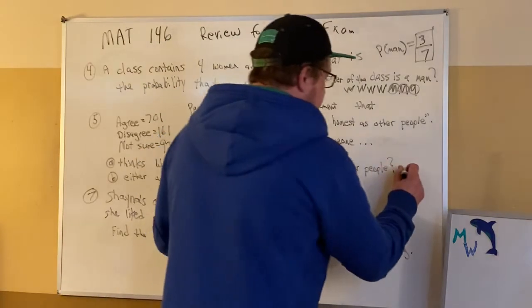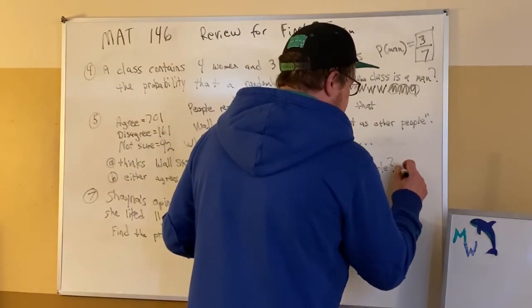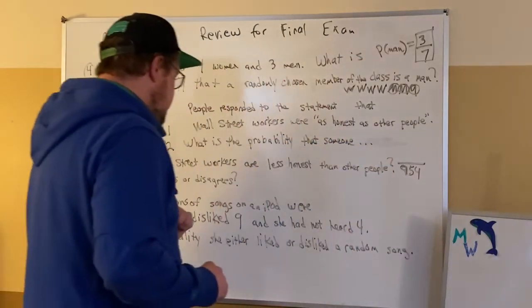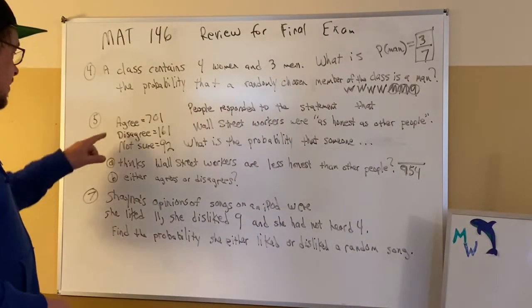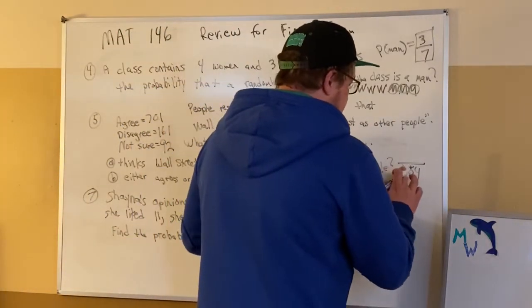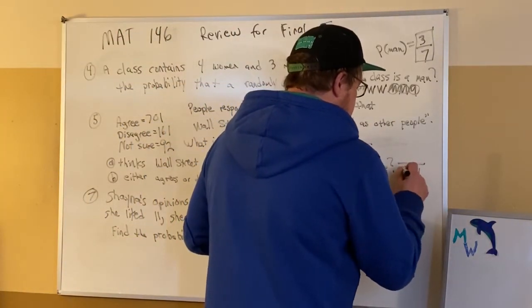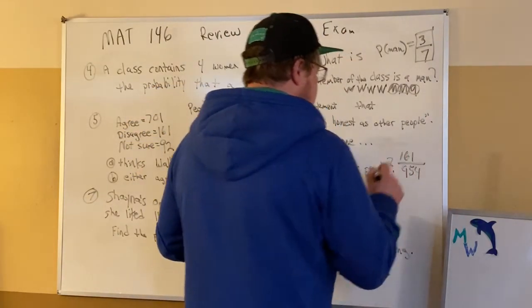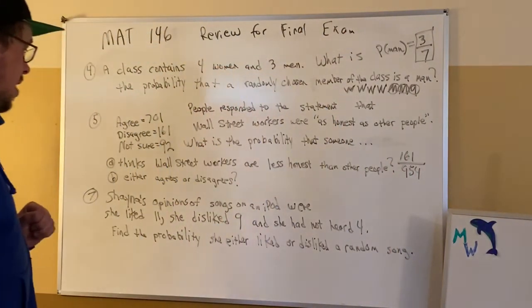Out of 954, we're going for the people who disagree that they're as honest. Disagreeing that they were as honest is to say that they are less honest. And therefore, we're going to put 161 on here and pass that as our probability.